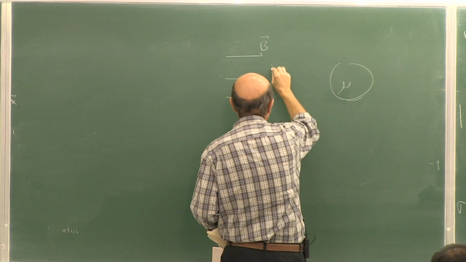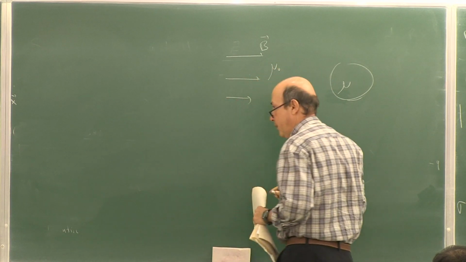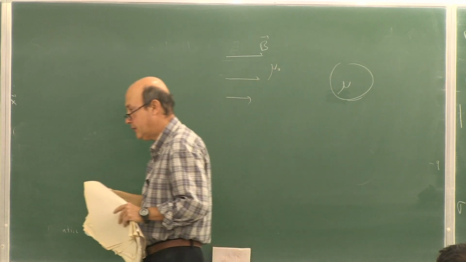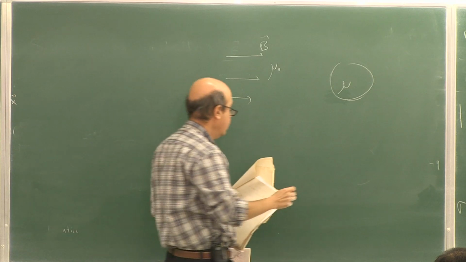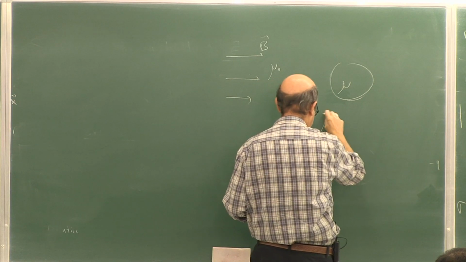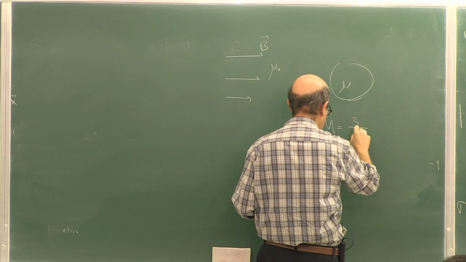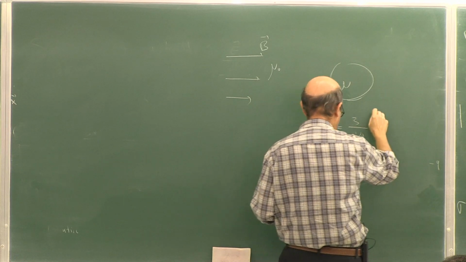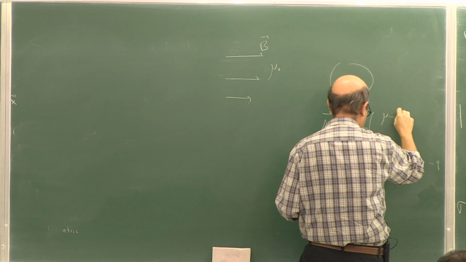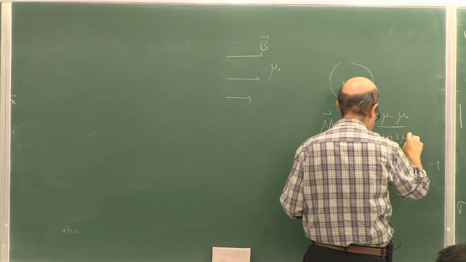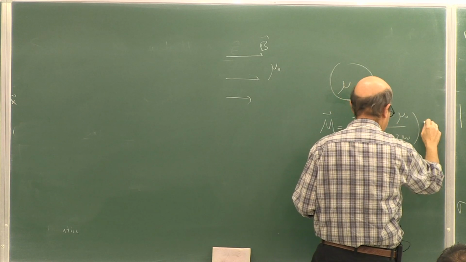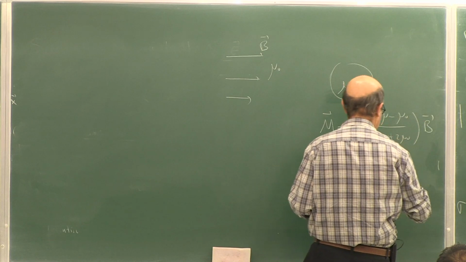For vacuum, the magnetic permeability is mu 0, in the matter it was mu, and your magnetization was 3 over mu 0, times mu minus mu 0 over mu plus 2 mu 0, times B external.